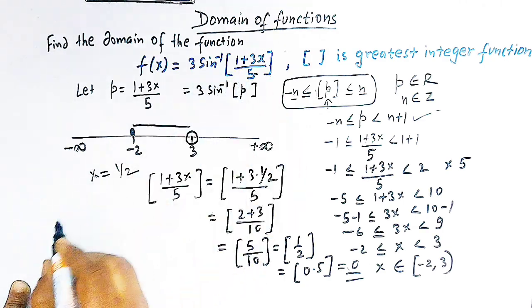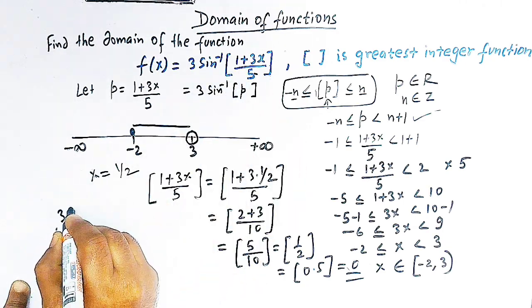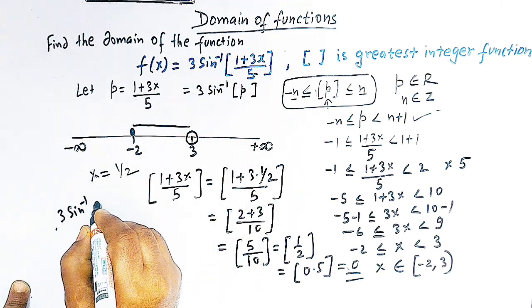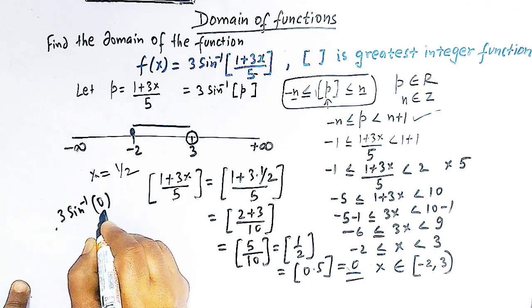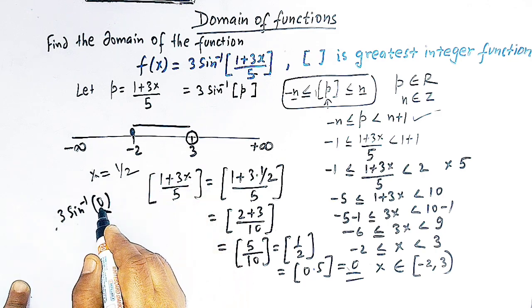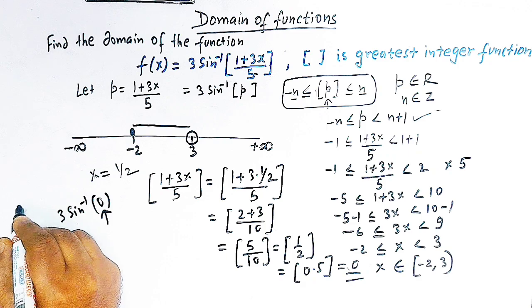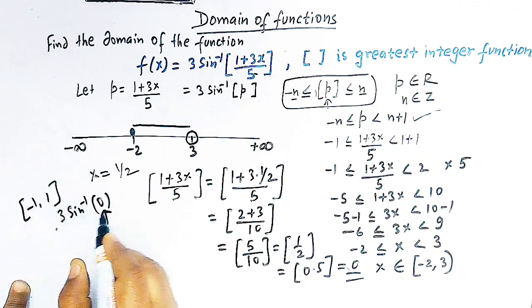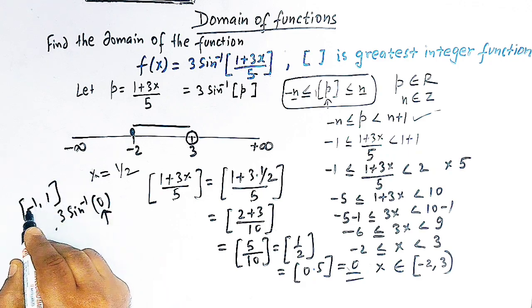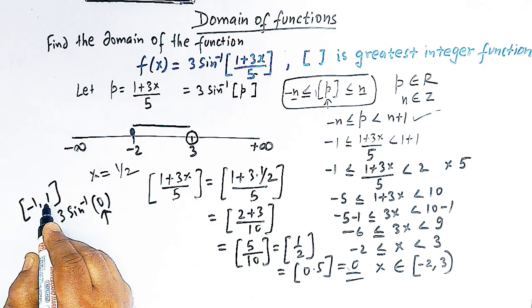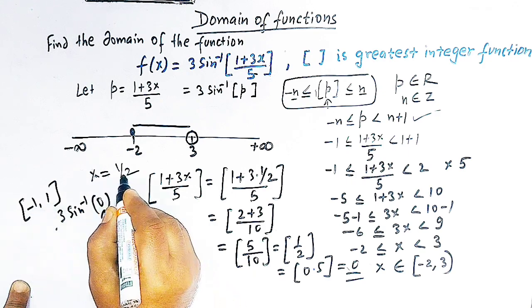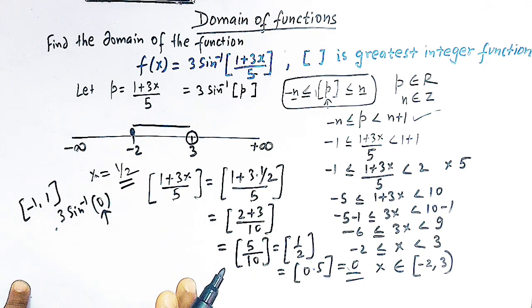So now here we have 3 times sine inverse of 0, and this 0 obviously lies in the domain of sine inverse function. So 0 lies in the interval minus 1 to 1. So here x is equal to half is acceptable, right?